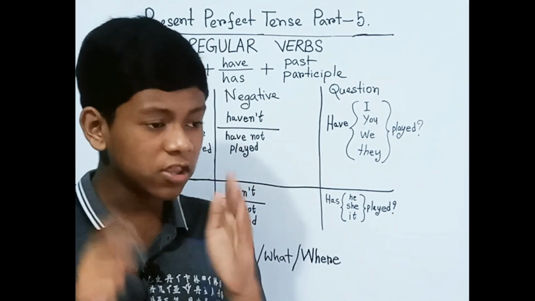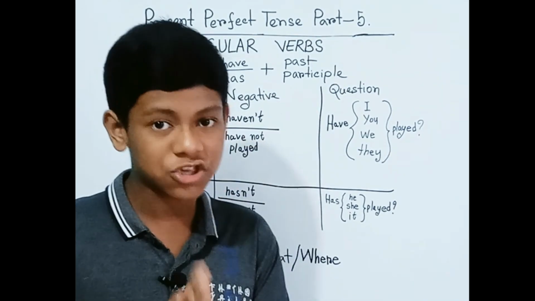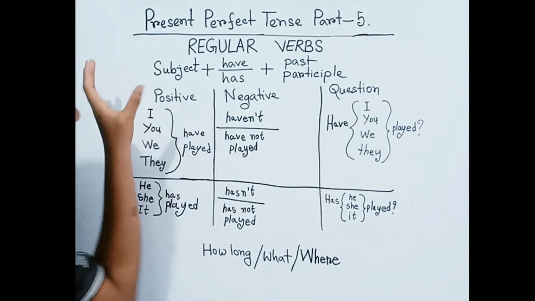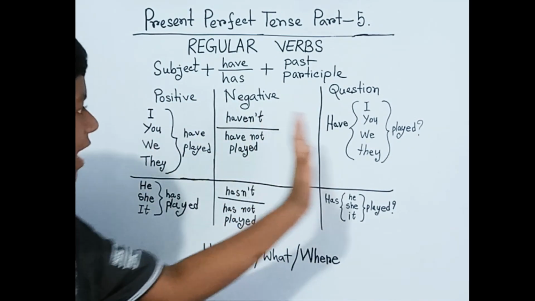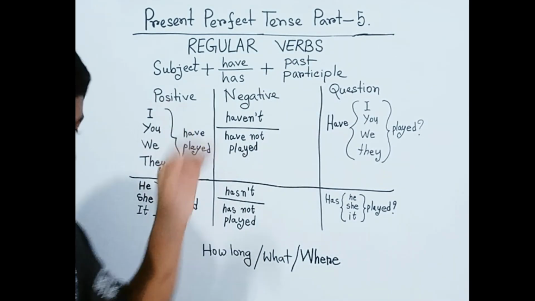So when you hear this type of word, you have to catch that this is the past participle. I have divided this into three sections, and you have to keep this structure. This is the main one.